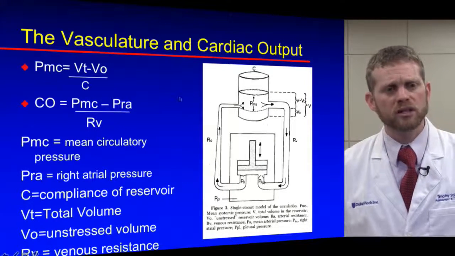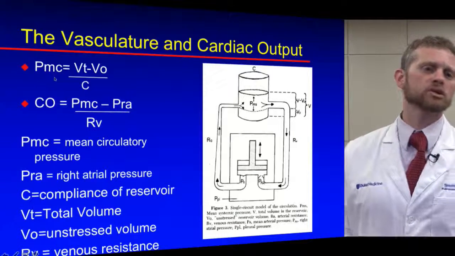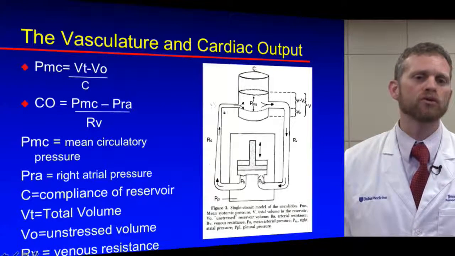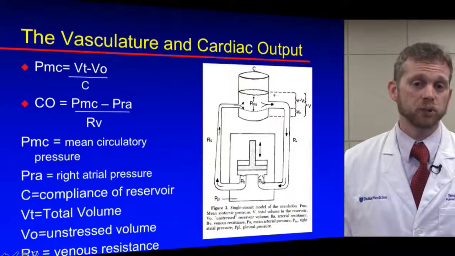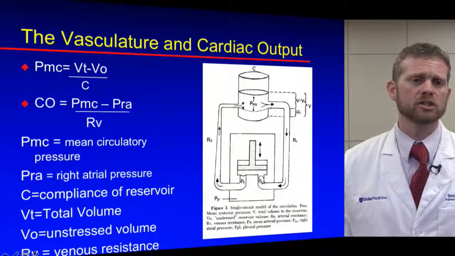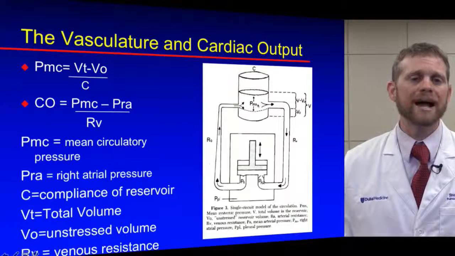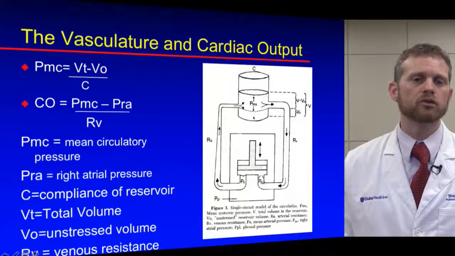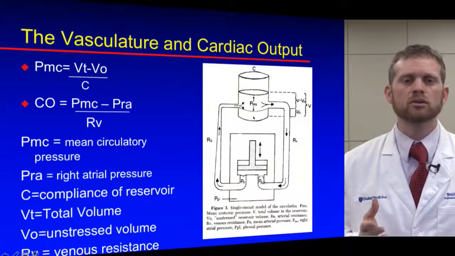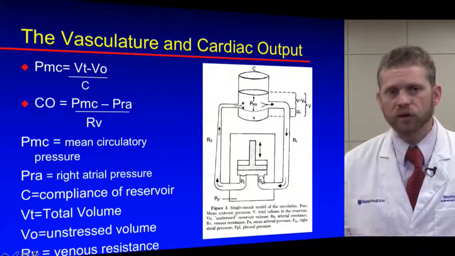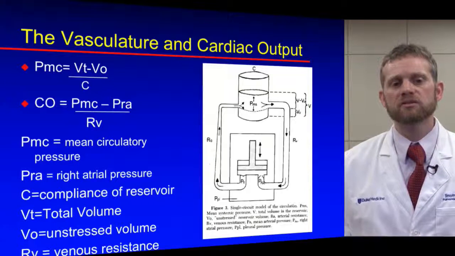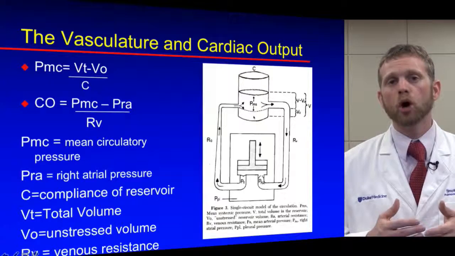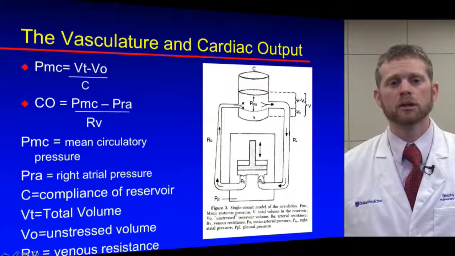What's interesting, if you look at this model of the mean systemic pressure, is that we talked about compliance. The other determinant is the total volume of blood in this cylinder, which is VT, minus V0. The V0 here is the unstressed volume. It's very similar to residual volume in the lung after a full exhalation. This is the volume that's left in the vessels after you were to open it up to atmospheric pressure.